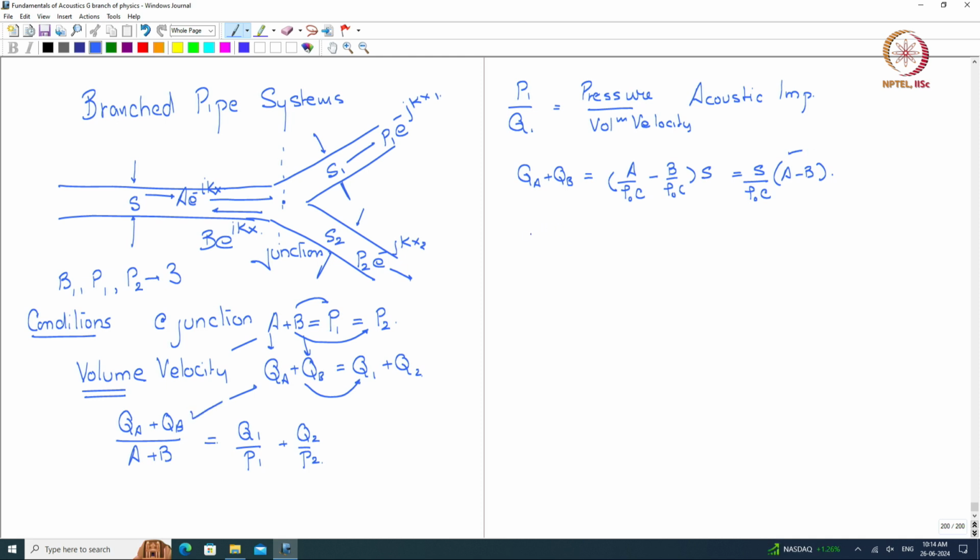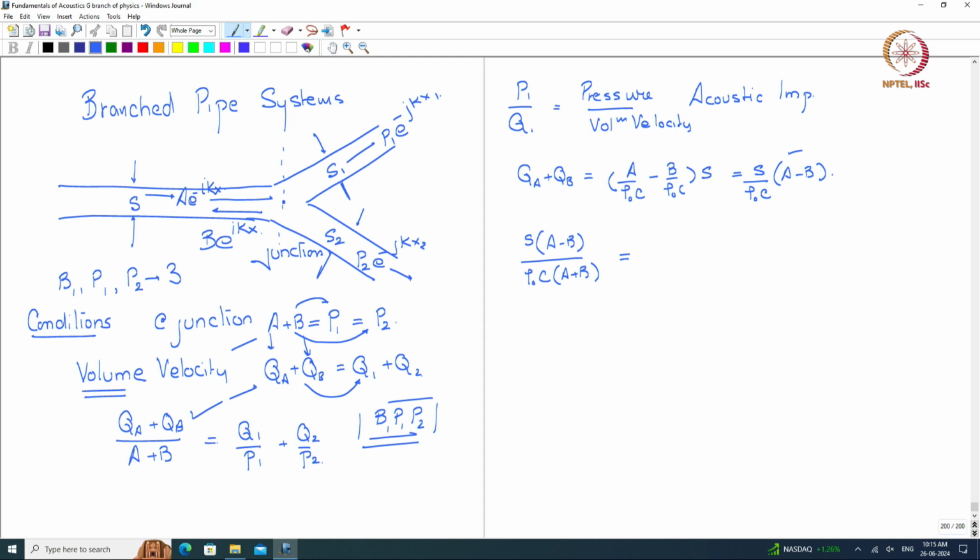We get S into A minus B by rho 0 C into A plus B is equal to, now what I am saying is that we have 3 equations, we can solve for B, P1, P2. That is not a big problem, it is just a linear algebra problem.